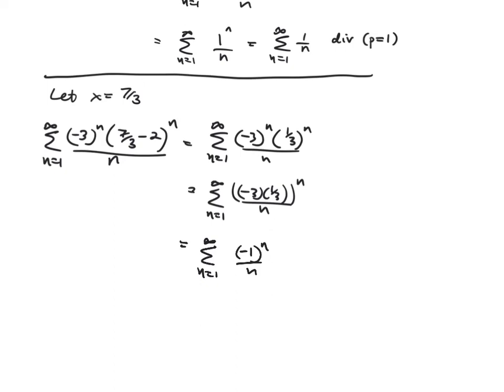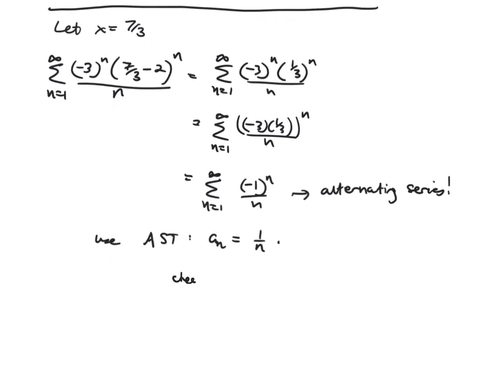Now, this is an alternating series because of that negative 1 to the n term. So we use the alternating series test, which has the an being the non-alternating part, 1 over n. And we check two things. First, the limit as n goes to infinity of an has to go to 0.